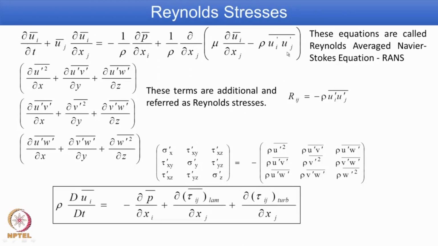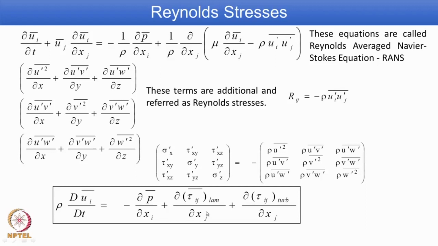In the standard notation form, the same equation can be written using the time derivative plus convection term put together as a total derivative on the left hand side. Then you have the pressure gradient term on the right hand side. Then we have the laminar stress term and the turbulent stress term. As I mentioned in the last class, the laminar stress term and the turbulent stress term are brought in the same way.